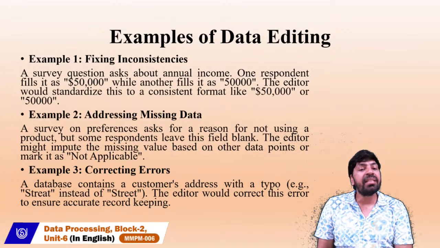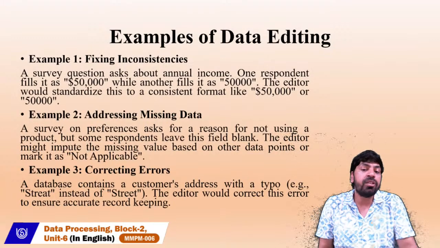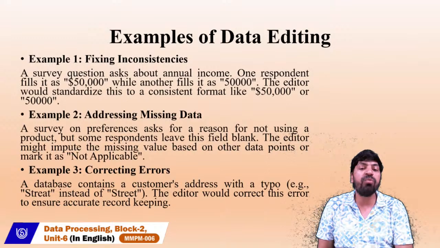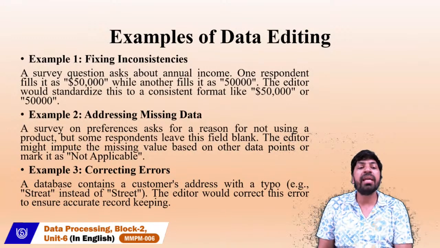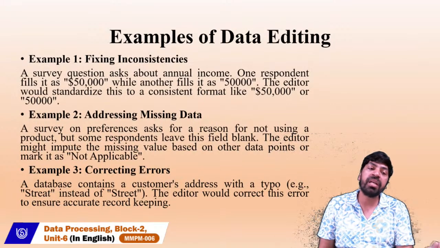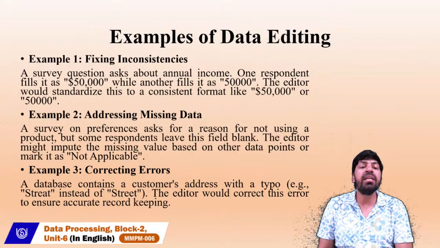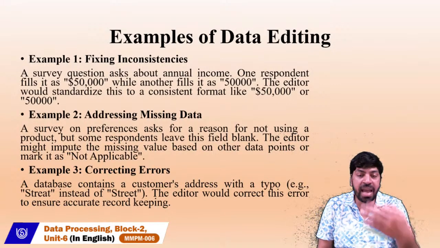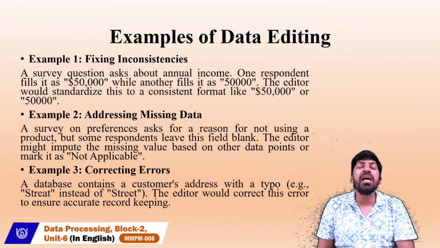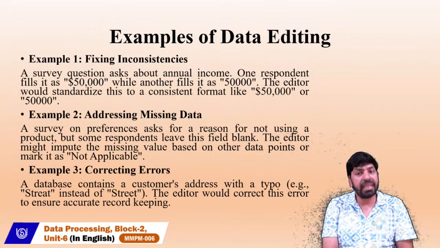Next one is correcting errors. Say a database or an Excel sheet contains a customer address with a typo, like some respondent has written the street misspelled instead of street. The editor would easily identify the error and immediately modify it, so that it ensures accurate record keeping.